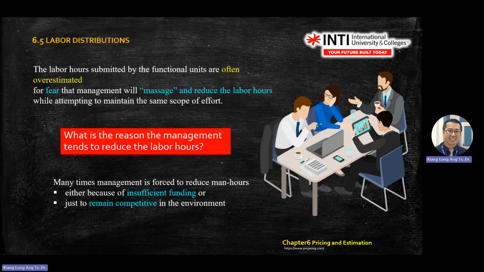This happens in all companies. So when you do budgeting, leave some room, mark up a little bit to prepare for the management massage. They call it massage. They will cut here, cut there. So be smart.